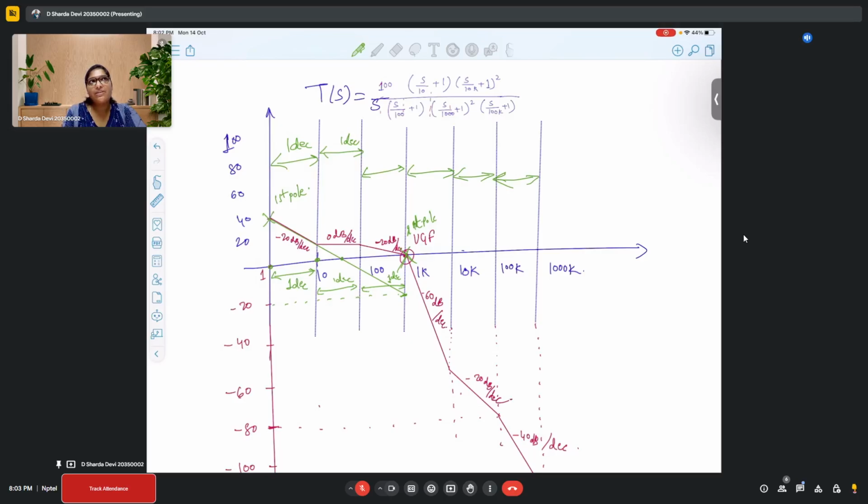I have never come across a practical system made up of capacitors and resistors which can give me a transfer function where I have either a pole or a zero at zero. I never came across them. So that is also very rare.